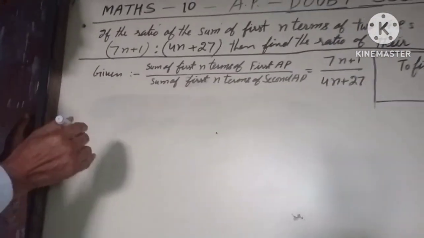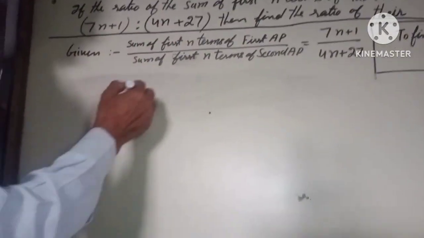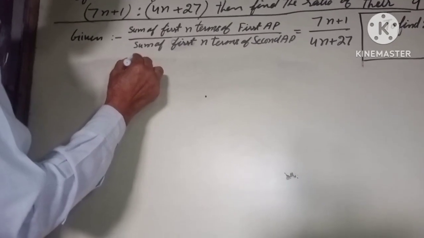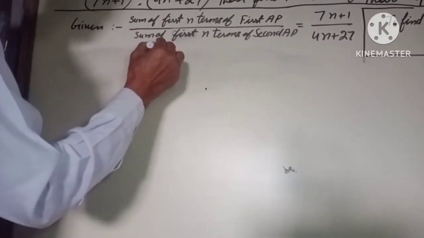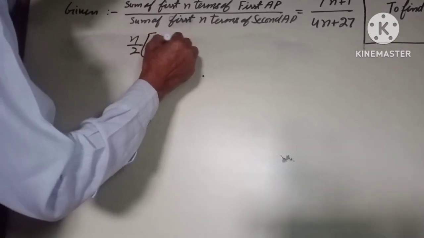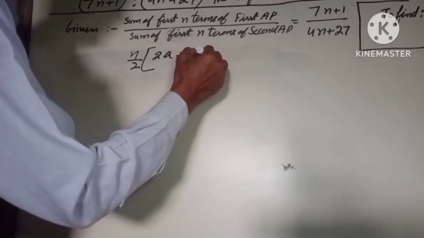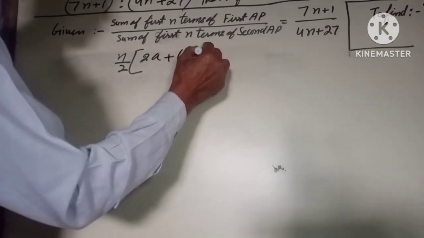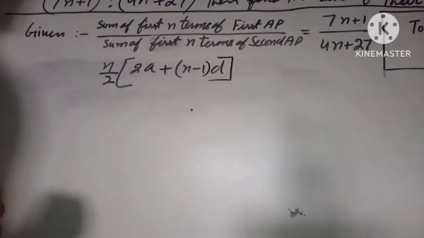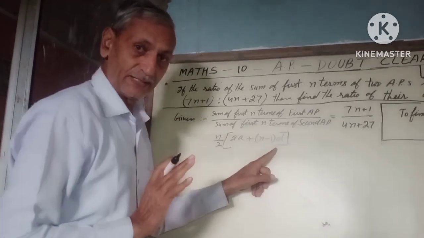Now what we do is, see, we should be writing it this way. Sum of the first n terms, n upon 2 into 2a plus n minus 1 d. See, this is what we have taken for the first one.